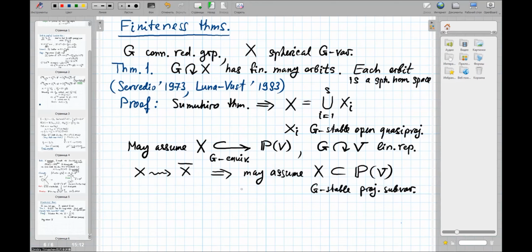Next, we want to reduce to the affine case. This is a standard thing which is called affinization. Let me digress a little bit and elaborate on affinization. So what is affinization?